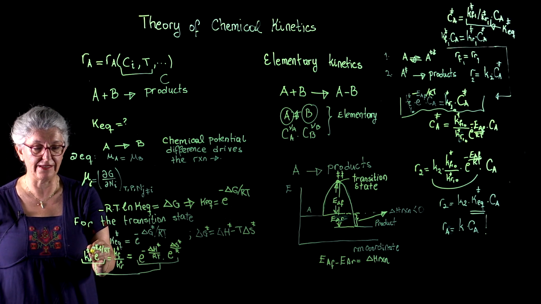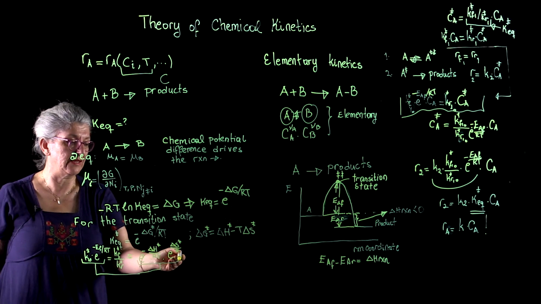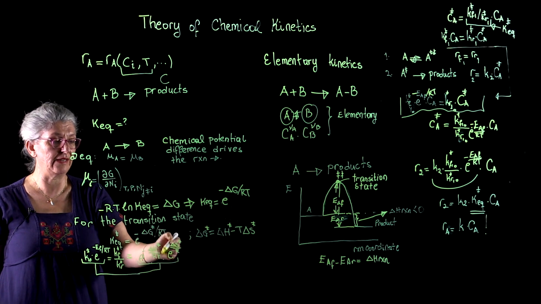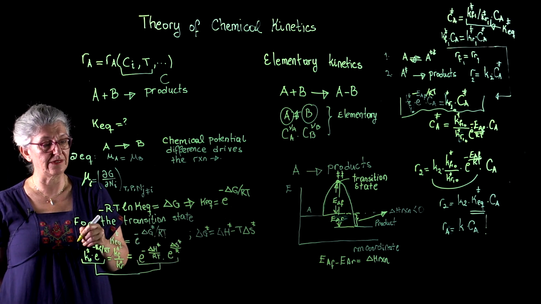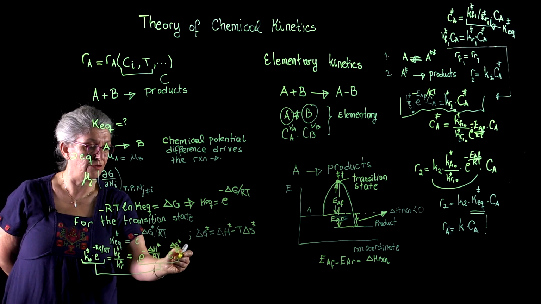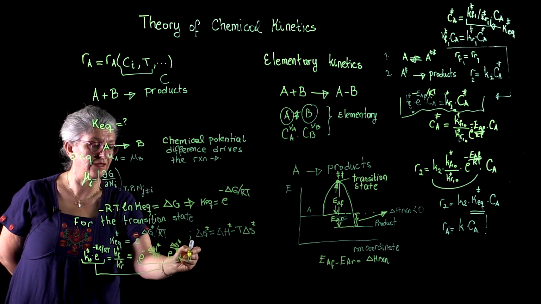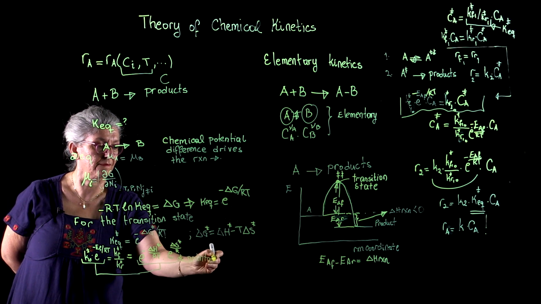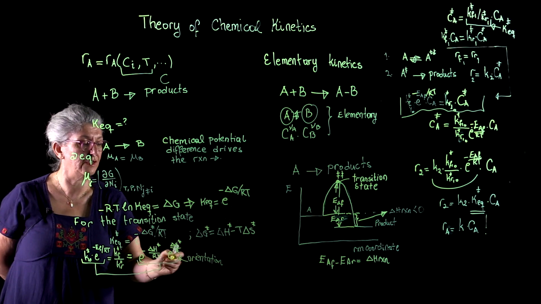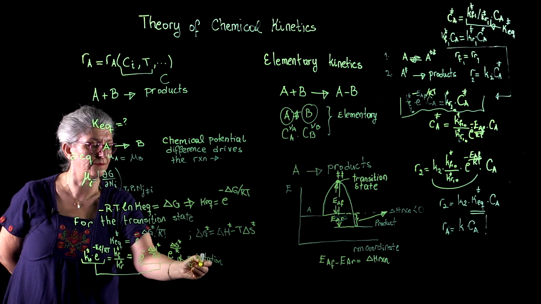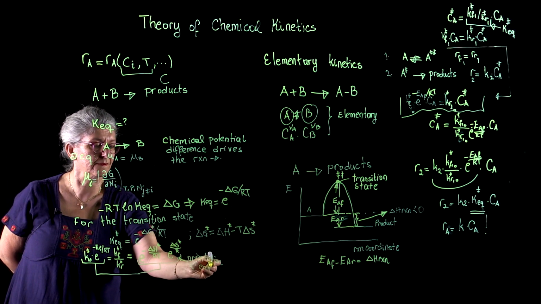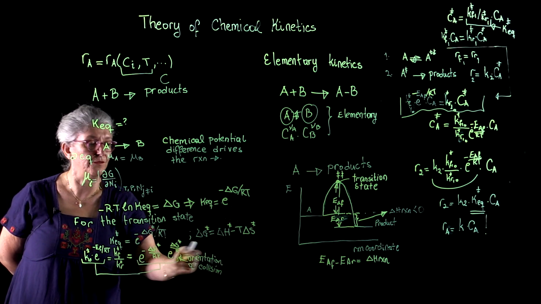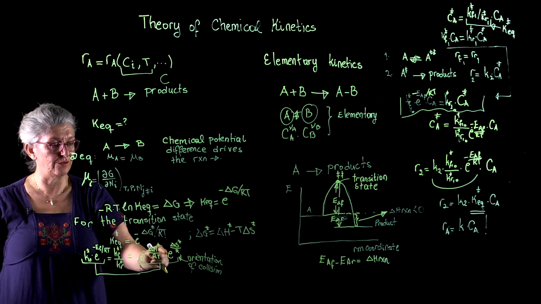It is the K0 term, which is related to the entropy change of the transition state formation. So somehow the orientation of the collision, that information is hidden in this term.